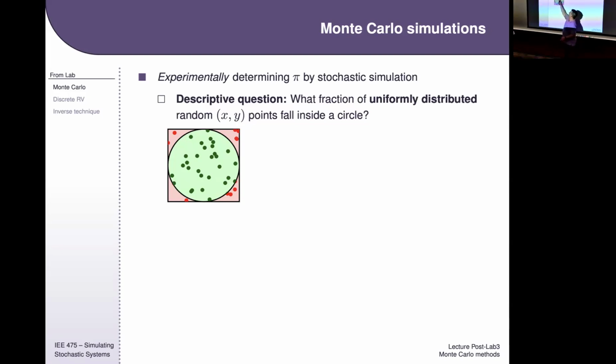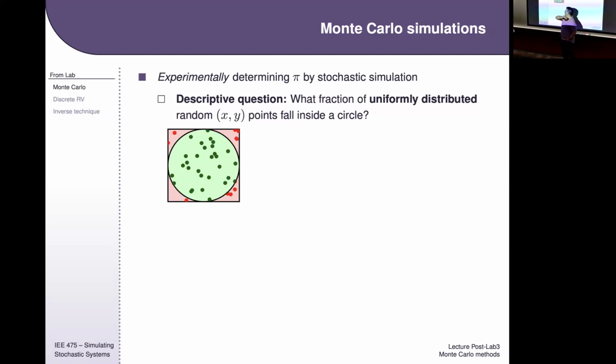If r is here, then it's 2r on one leg, 2r on the other leg. So the square is 4r squared. The circle is pi r squared. The probability you hit the circle is just pi r squared divided by 4r squared. So the r squareds cancel, and that probability is pi over 4.